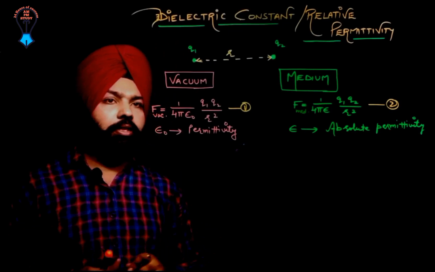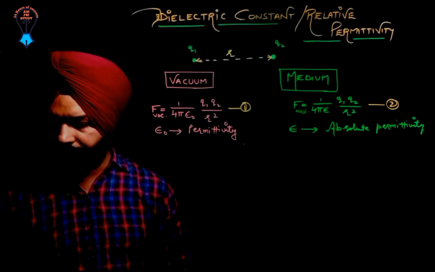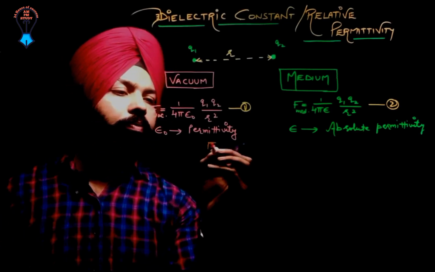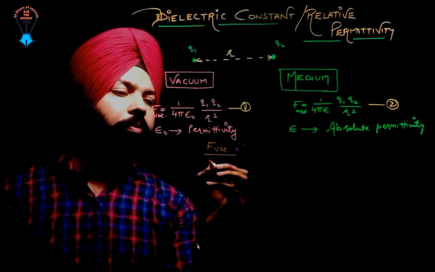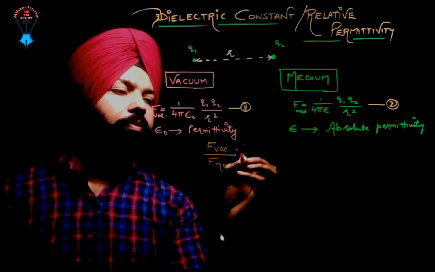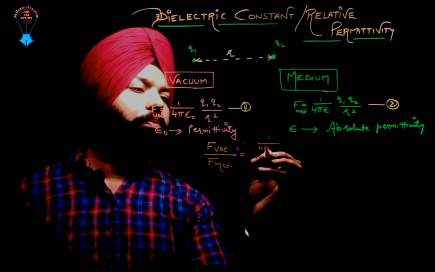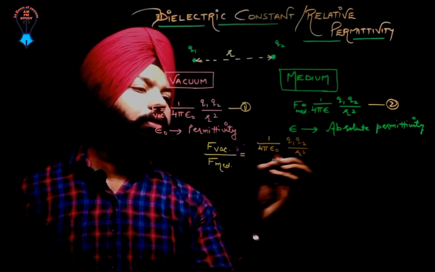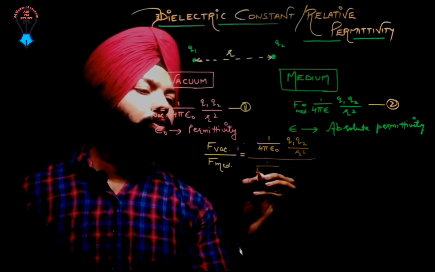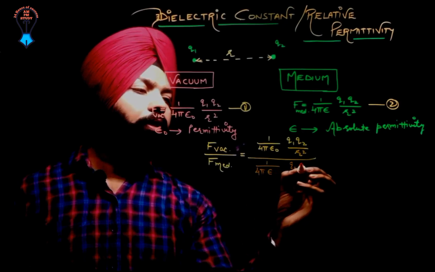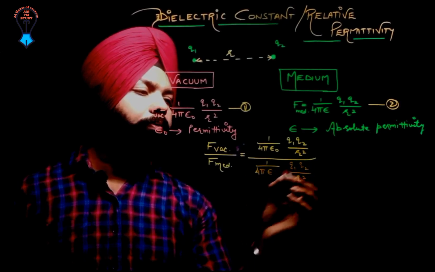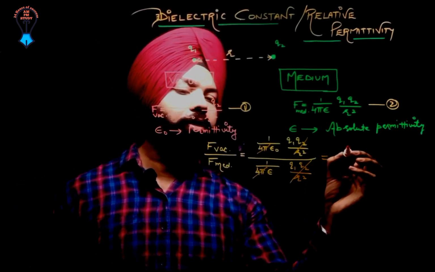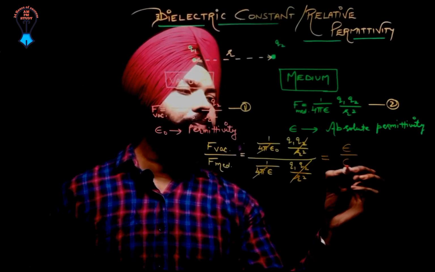When we divide these two equations, we get F vacuum divided by F medium is equal to 1 by 4 pi epsilon naught Q1 Q2 by r square whole upon 1 by 4 pi epsilon Q1 Q2 by r square. So these factors cancel, 4 pi cancel, and it becomes epsilon by epsilon naught.